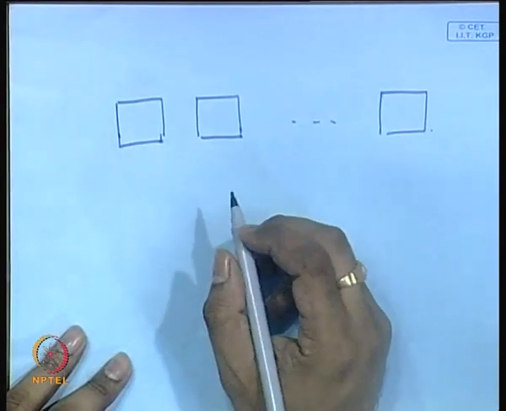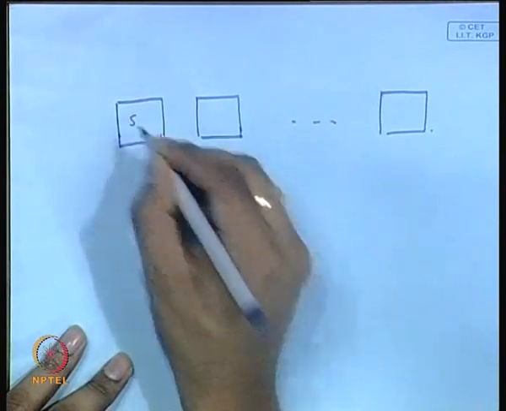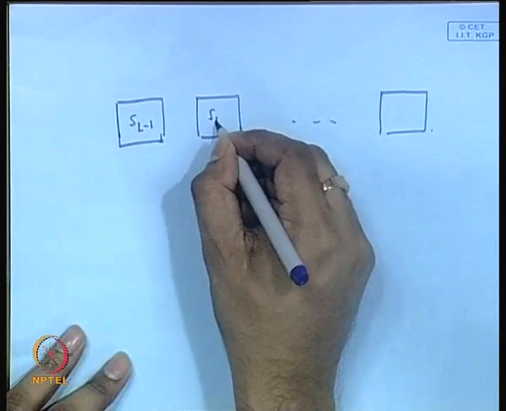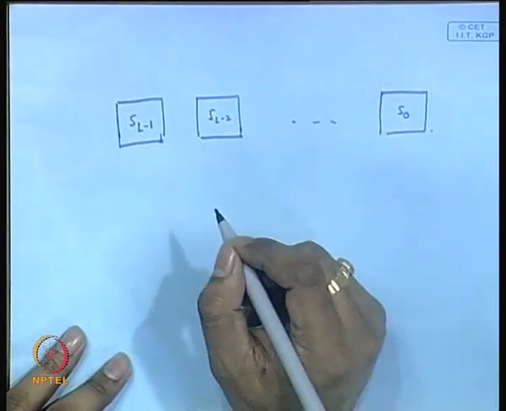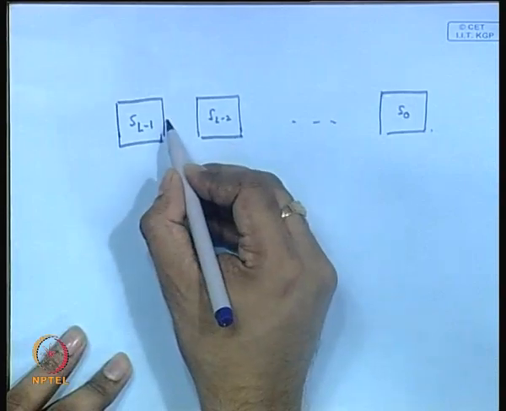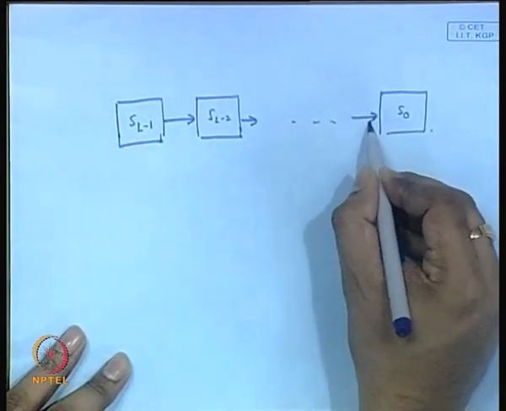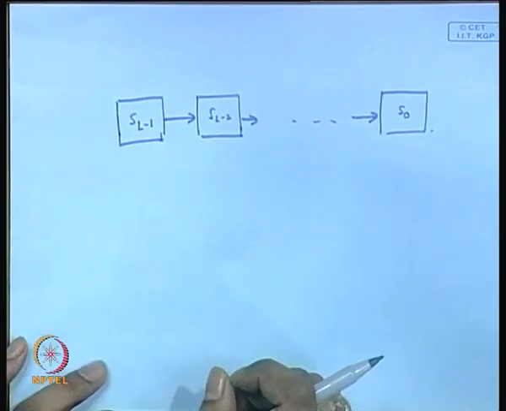There are L stages, which means I can write this as, for example, S L minus 1, this is S L minus 2, and so on, this is S 0. This is essentially also a shift register. There is a shifting among these flip flops, and there is also a feedback, right?